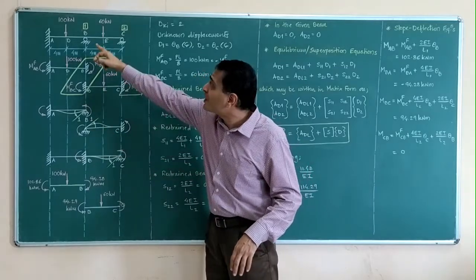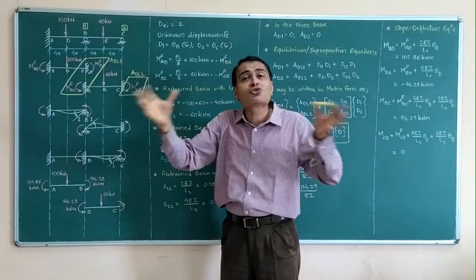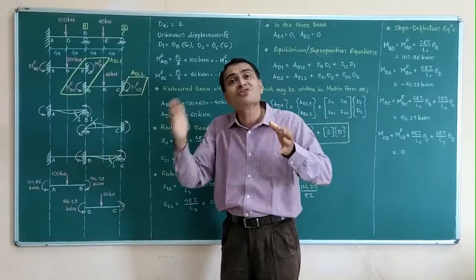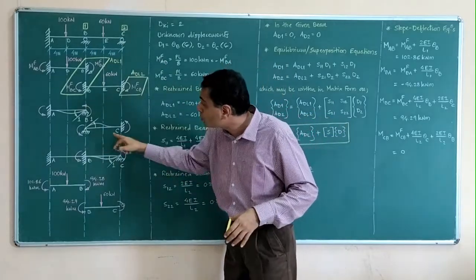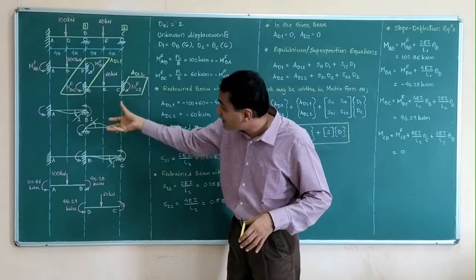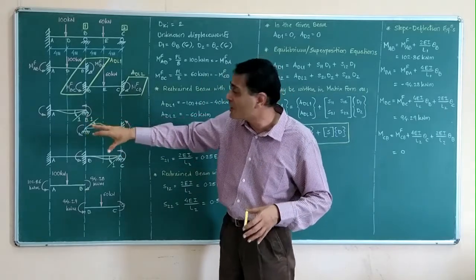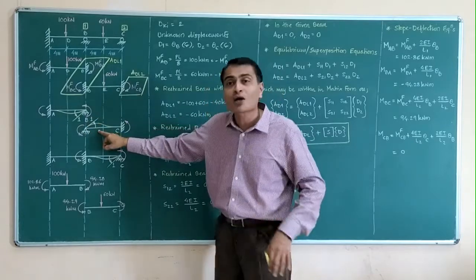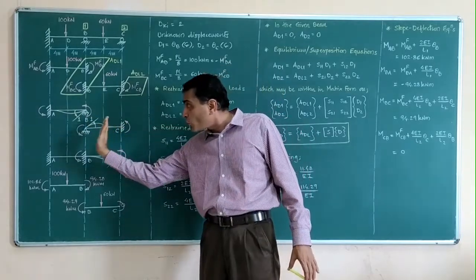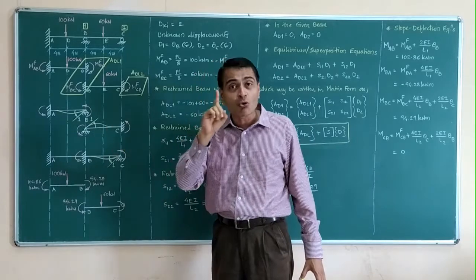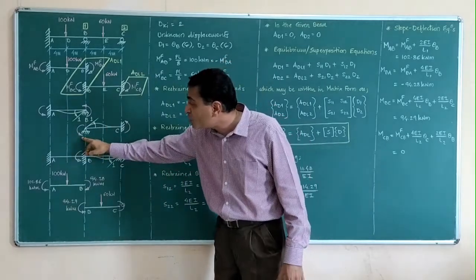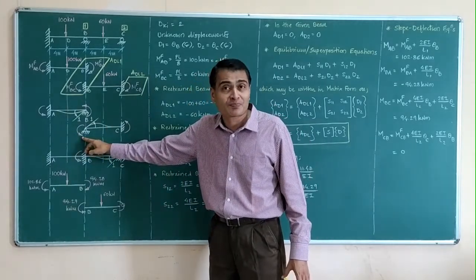B is an intermediate joint. It has two sections, BA also and BC also. So I have shown BC separately. When I try to give unit anti-clockwise rotation to span BC, observe that drawing I have shown here. This is the unit rotation anti-clockwise, 1 radian, and the corresponding moment is this.